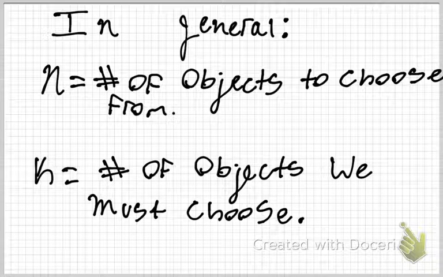There were a total of 5 siblings to choose from. K would have been 3, because the total number of siblings that we had to choose to sit in the seats was equal to 3.